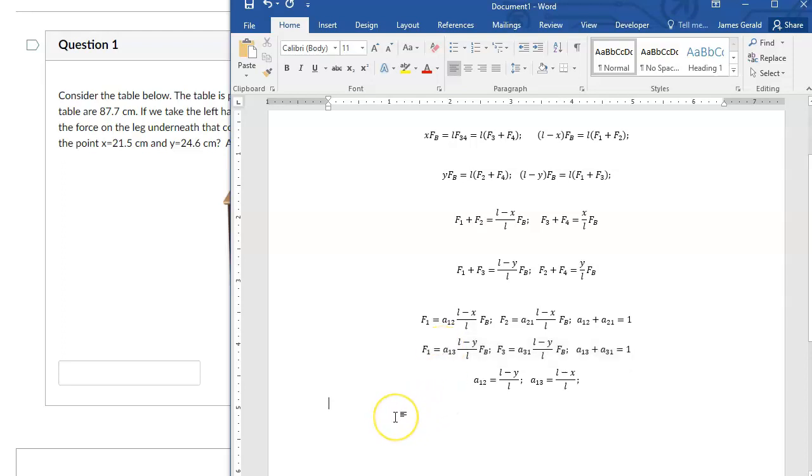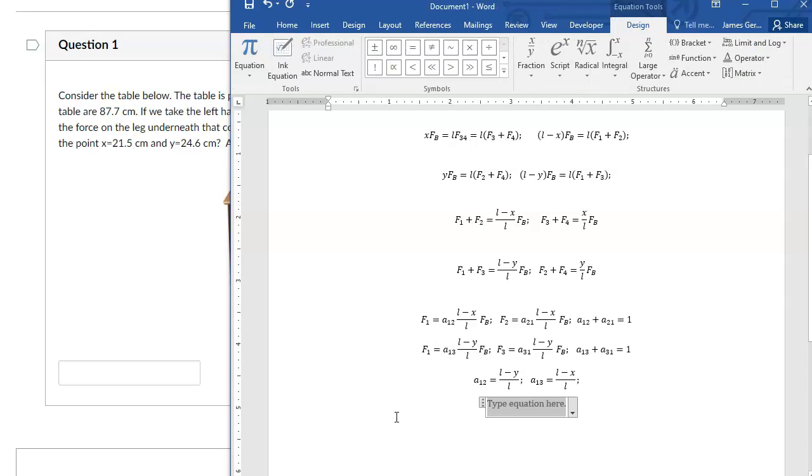Okay, let's stick in another equation. So we've done this equation right there, and we've done this equation. So let's go grab F2.